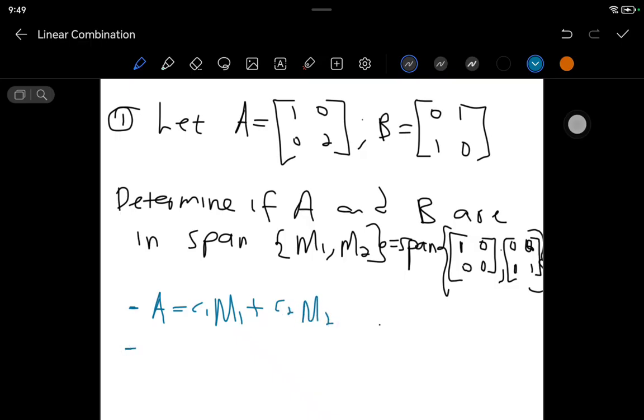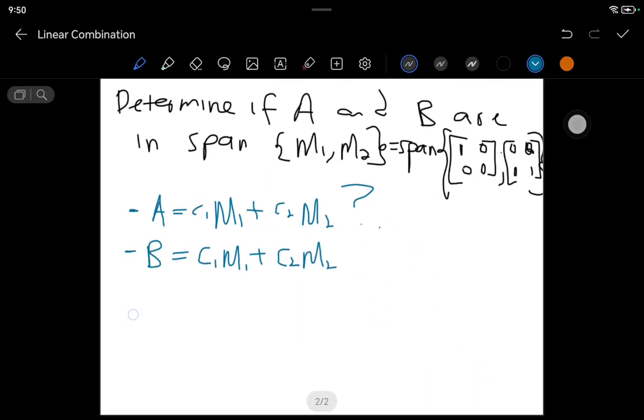And also I need to check if B can be expressed in this manner also. So I need to check if they can both be expressed in that manner. For the first one, A is equal to C1, and we're going to express it in linear combination form.